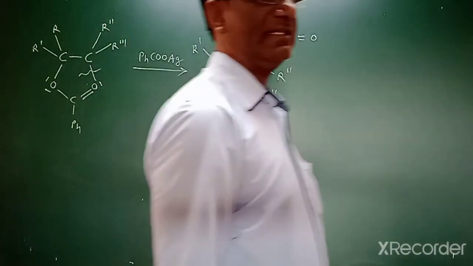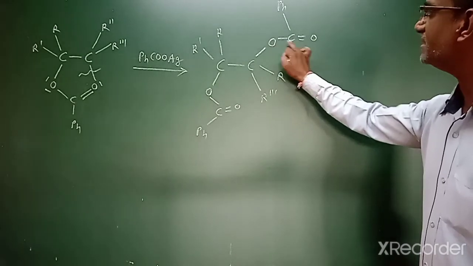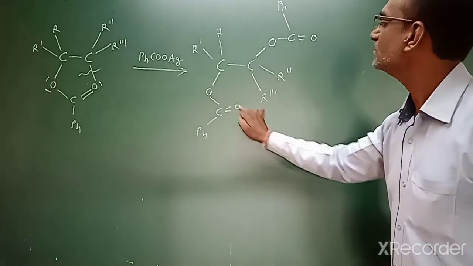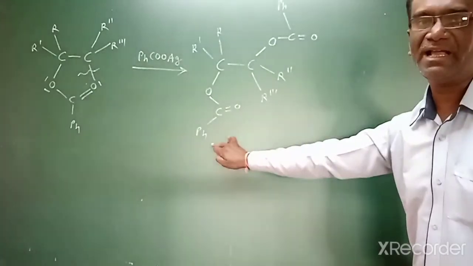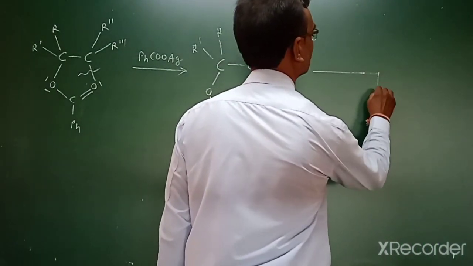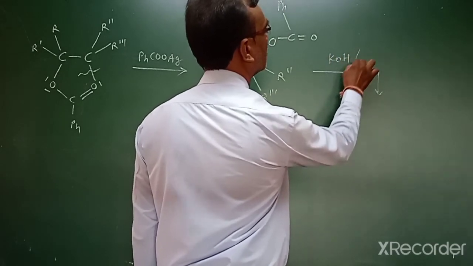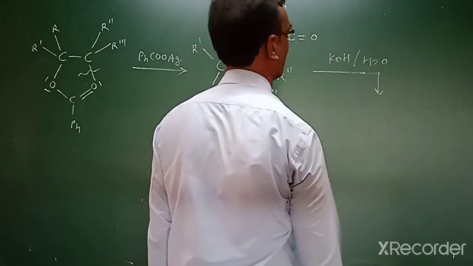The product obtained in the next step undergoes hydrolysis by using dilute potassium hydroxide solution. In hydrolysis, both of these COOPh groups are replaced by OH to form the corresponding trans glycols. In this step of hydrolysis, you have to use KOH and H2O.